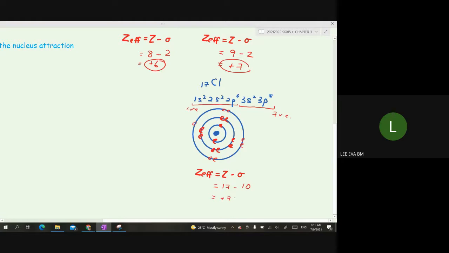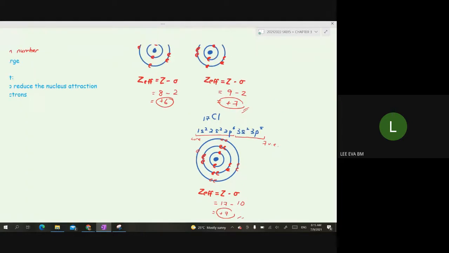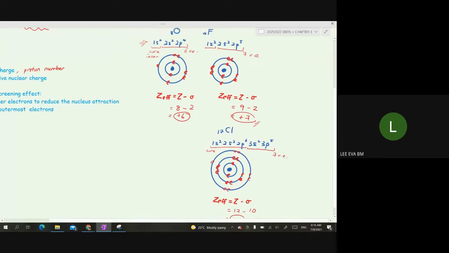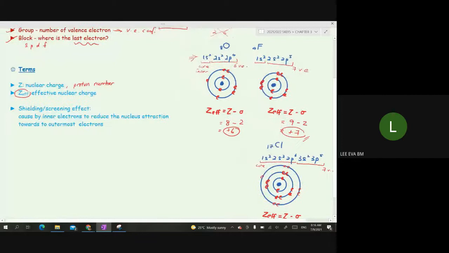So you can see that in the same group, the effective nuclear charge is the same. So we have to look at which group and which period it is from, to do our comparison and look at the trend: is it increasing order or decreasing order? For this concept, we are talking about the Z effective, the effective nuclear charge.